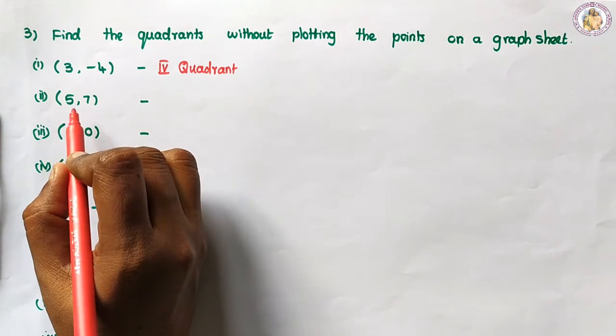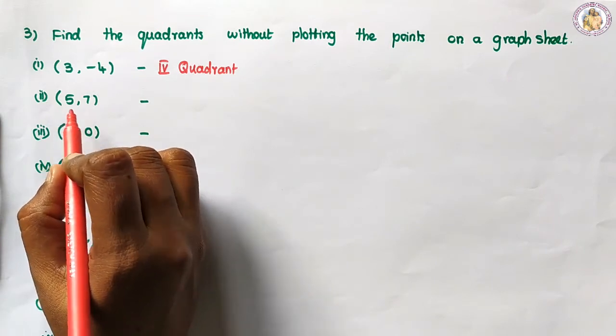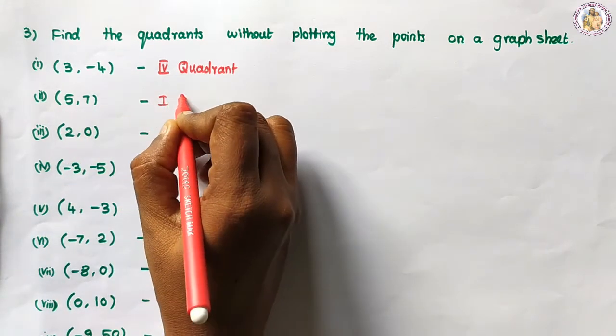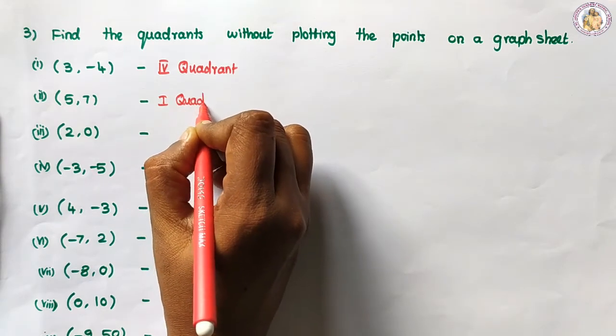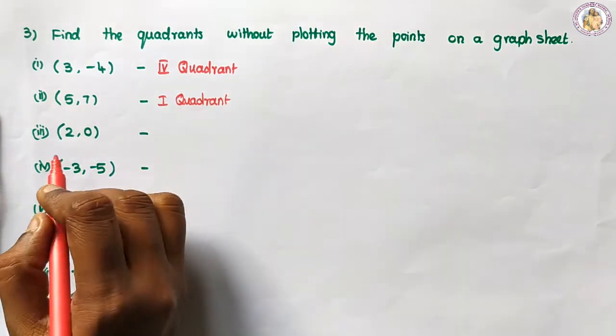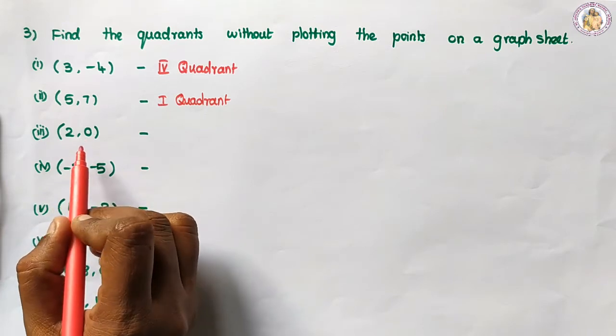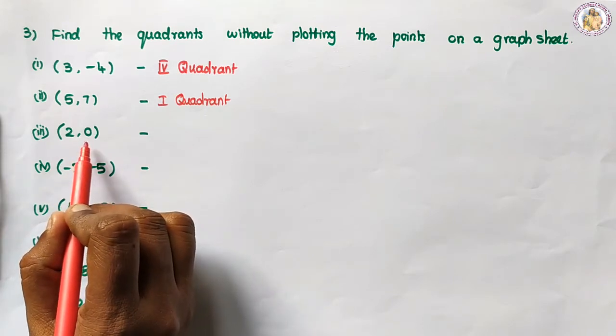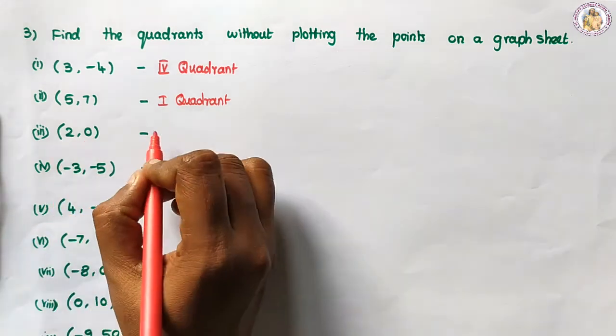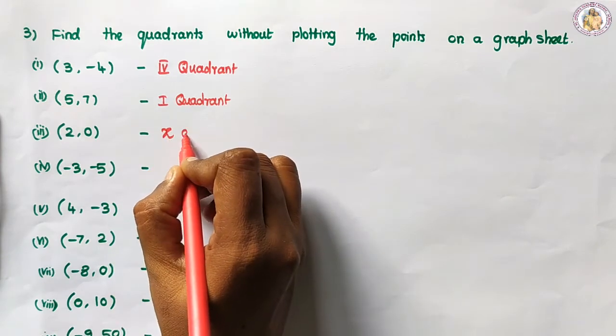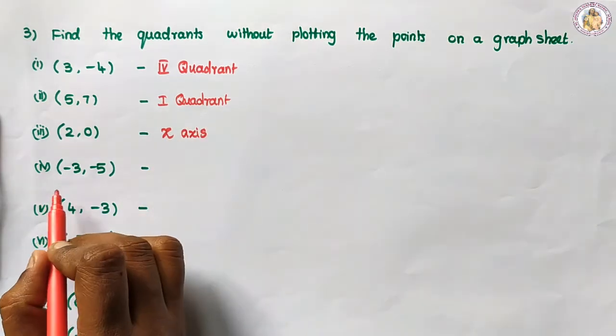5 comma 7, both are positive, so plus plus, first quadrant. 2 comma 0, here the y-axis is 0, that means it lies on the x-axis.